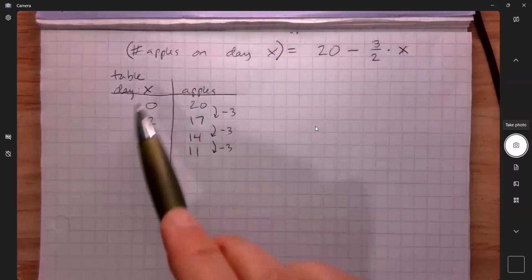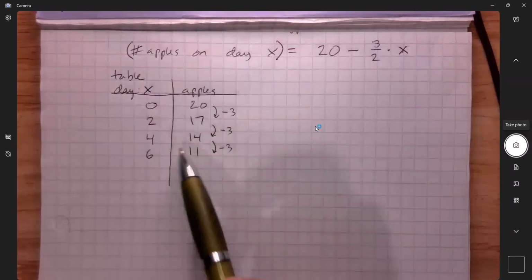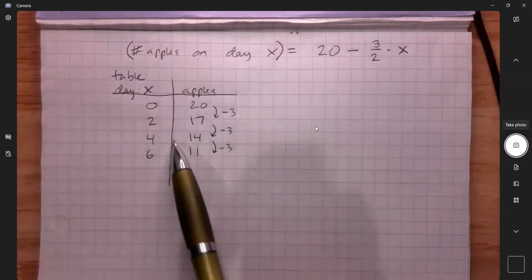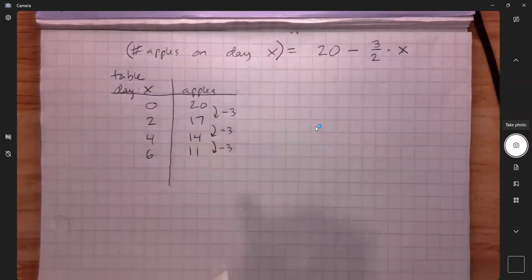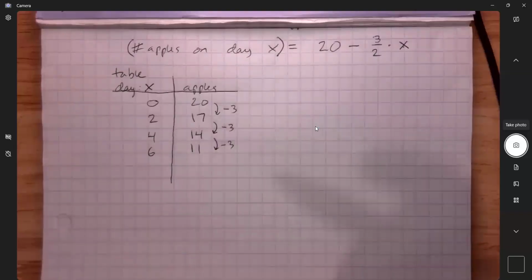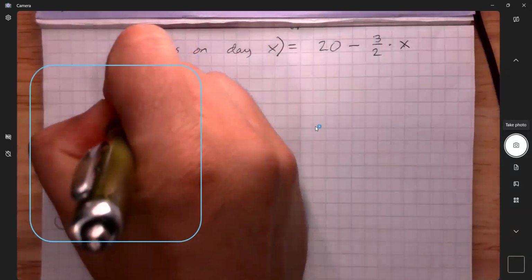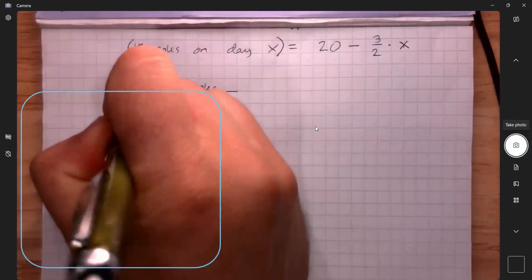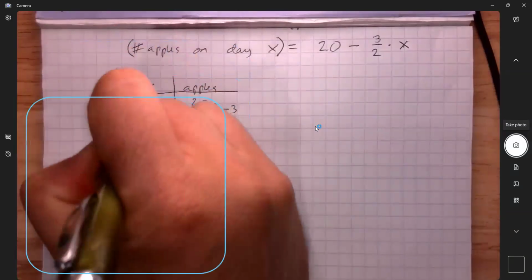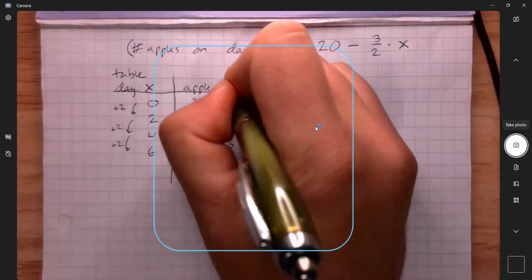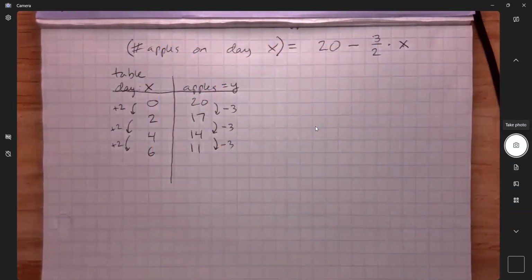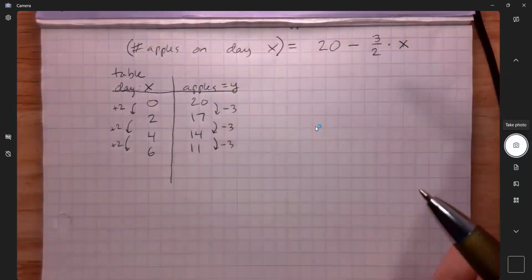So I can tell you that I feel pretty confident, not only with the table, but also that the table makes sense to all of you, even if this formula didn't. So the table can be a great way to get a sense for what we're trying to do here. Notice I'm increasing my X by 2 each time, and I'm decreasing my output, we could call that Y, and decreasing my output by 3 each time.